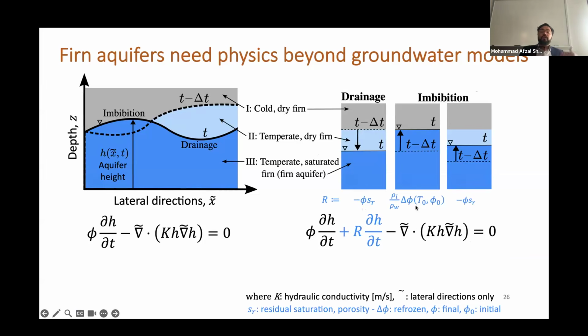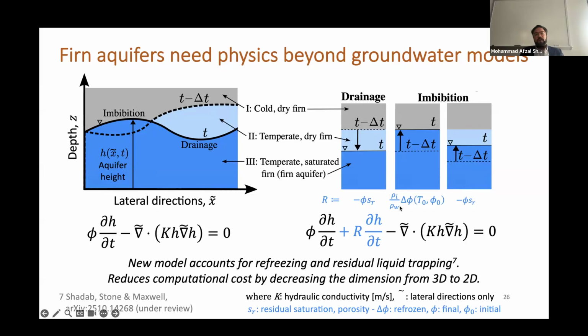But if you invade cold firn, a part of the liquid freezes and forms ice, and we consider that imbibition or invasion process in this model. This firn aquifer model helps us account for refreezing and residual water trapping, and it reduces the computational cost as it decreases the dimension from 3 dimensions to 2 dimensions, or 2 dimensions to 1 dimension.